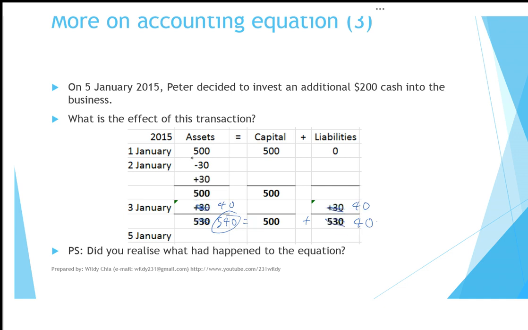So let's look at what happens if Peter decided to invest another 200 into the business. Will the equation still balance? It would. Let's see. Now what is 200 of cash? Now 200 of cash is an asset. Where is this money coming from? This money is coming from Peter.